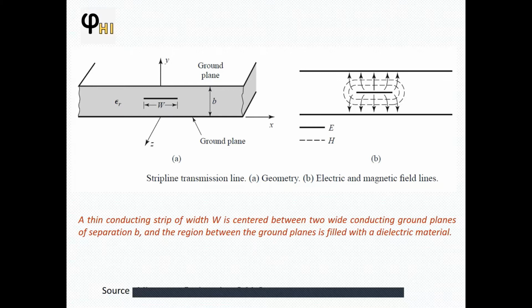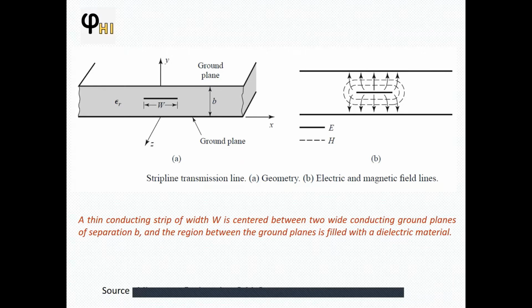It's a conducting strip, and this dielectric substrate is covered by two ground planes, the upper ground plane and the lower ground plane. These ground planes are conducting ground planes. The strip is inserted in between the dielectric substrate to confine all the electromagnetic field inside the slab.